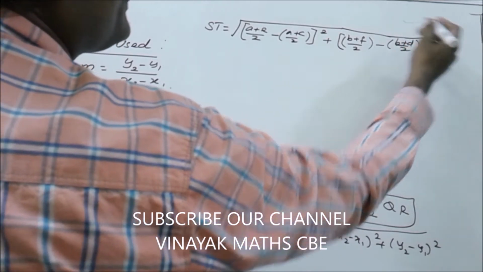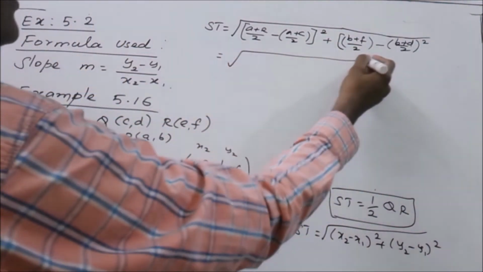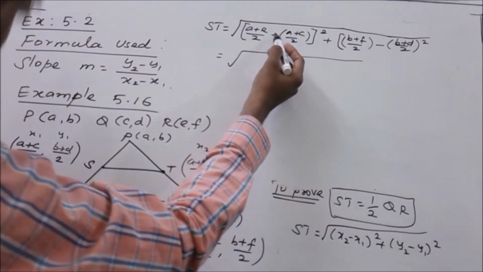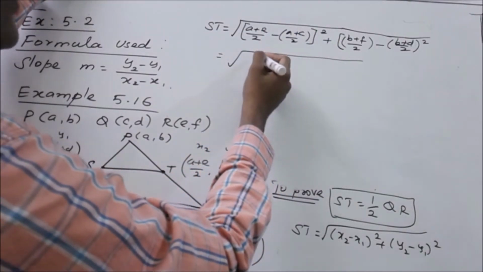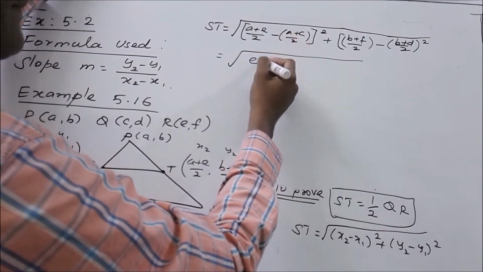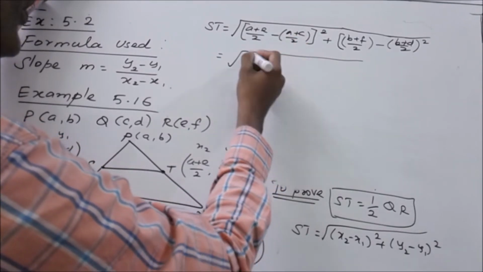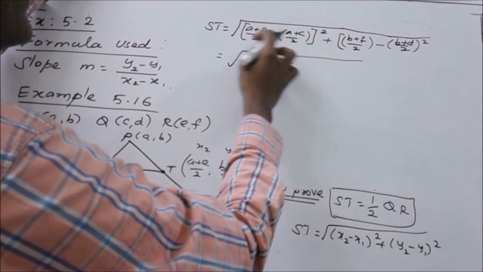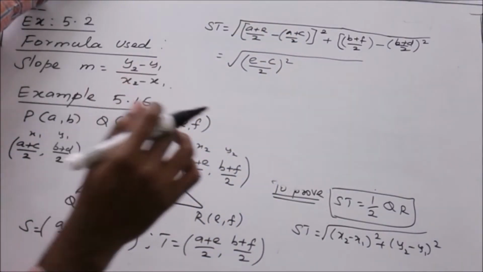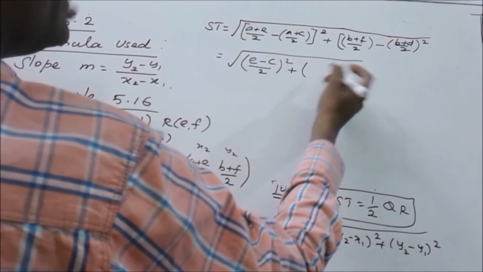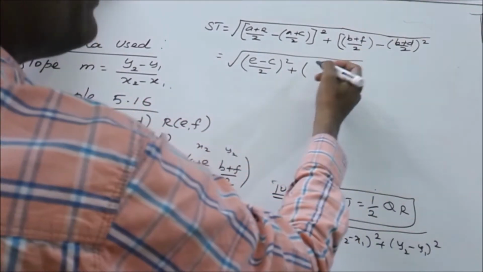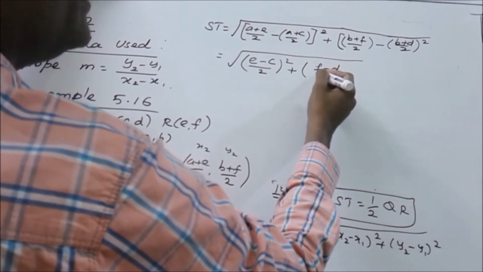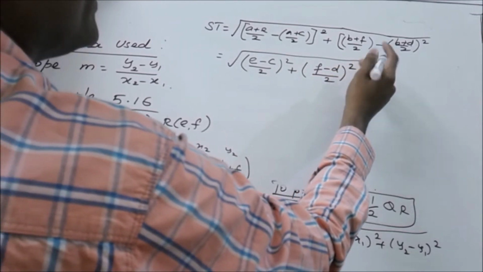whole square, which is equal to root of, when multiplying the minus inside, a minus a get cancelled, we have ((e minus c) by 2) whole square. The denominators are common, so we can take only one 2 here, plus b and b get cancelled, then f minus d remains, ((f minus d) divided by 2) whole square.